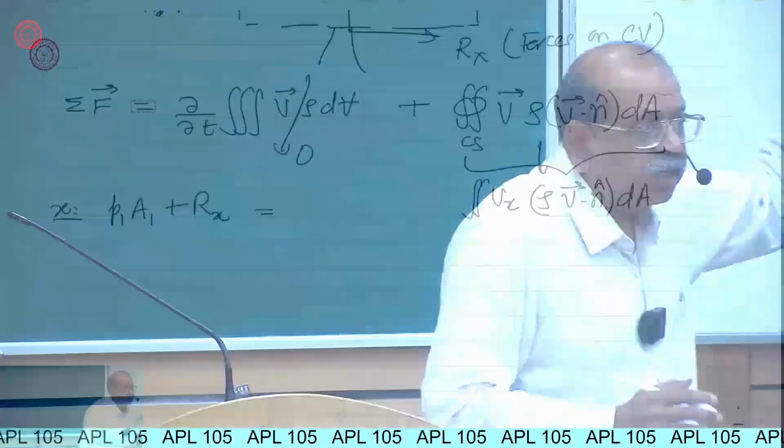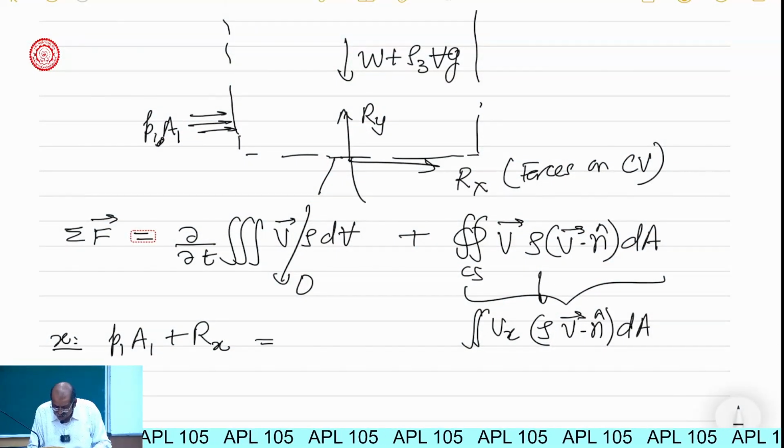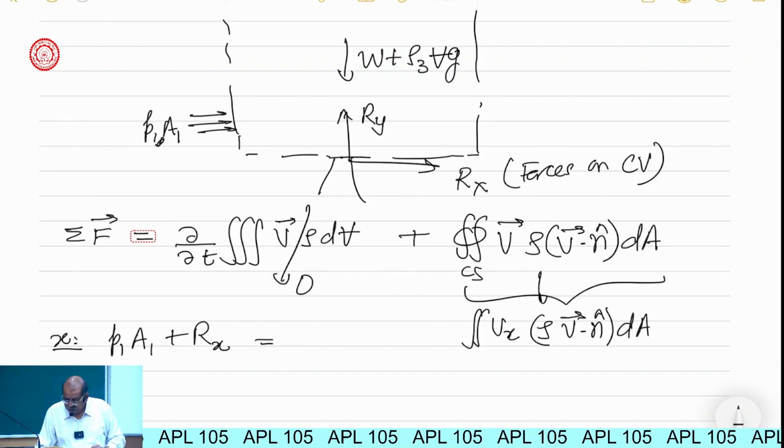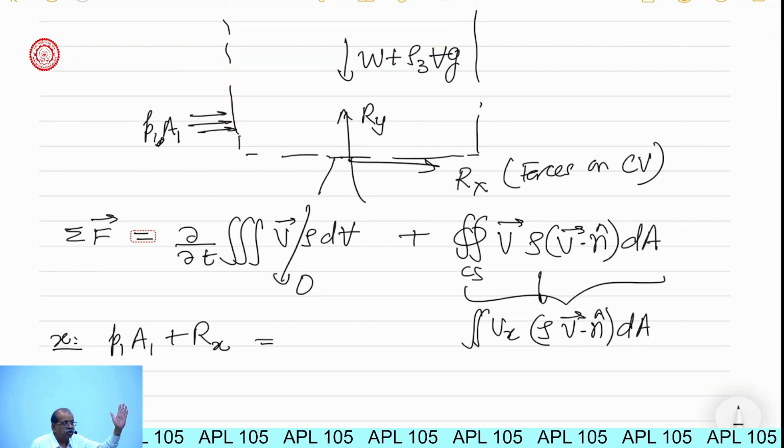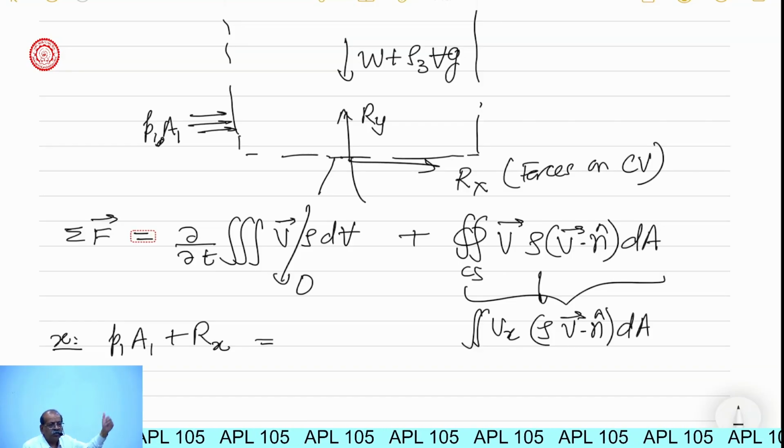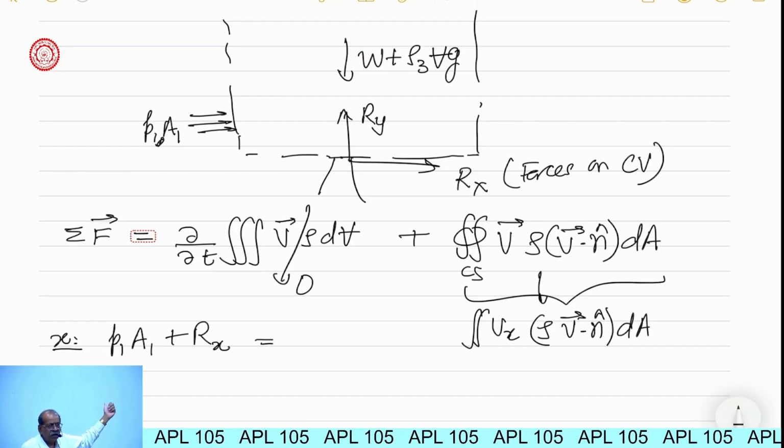And if velocities are all uniform, this integral has no meaning, it will just become a product. So now when I look at this first term, at area 1, that is where the flow Vx is non-zero. What is Vx there? V1.